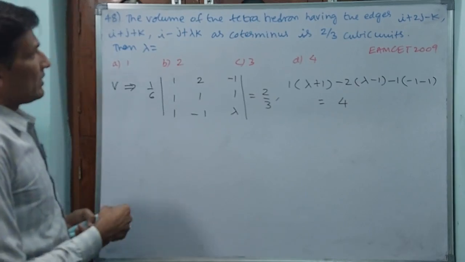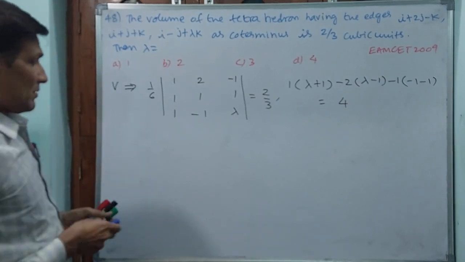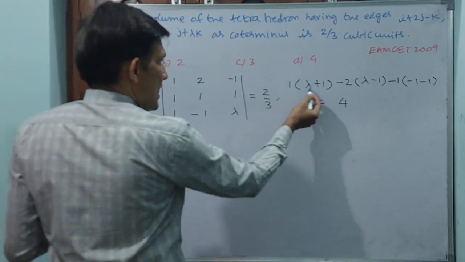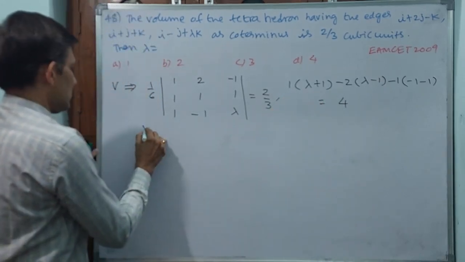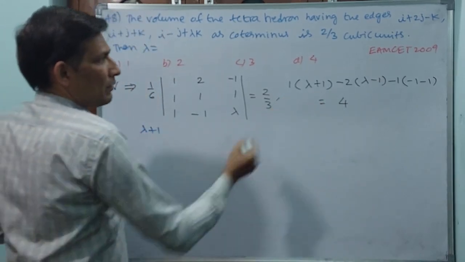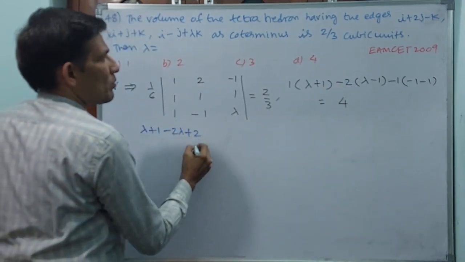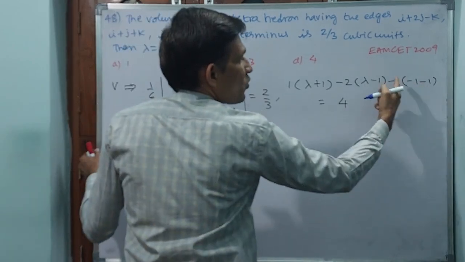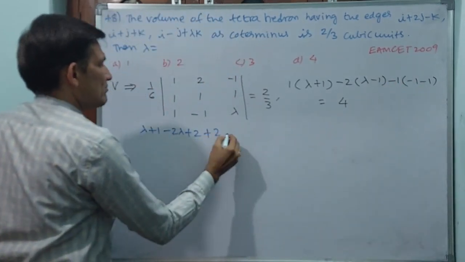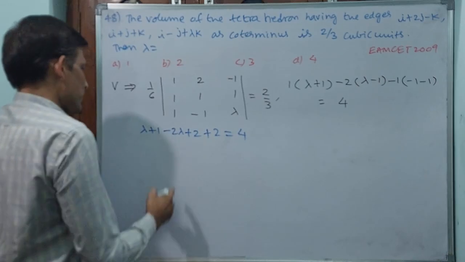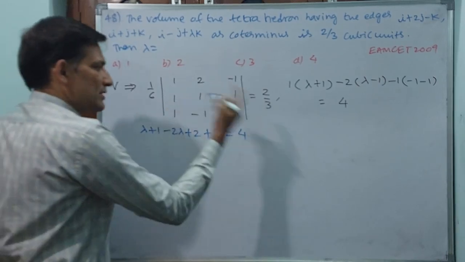Okay, lambda plus 1 minus 2 lambda plus 2 minus 2 into minus 1 plus 2 is equal to 4. See, minus lambda, send that side.